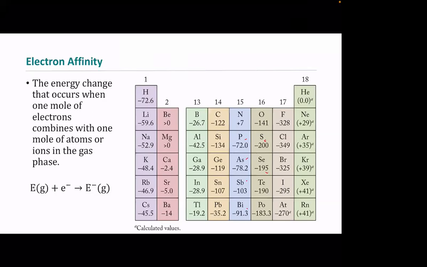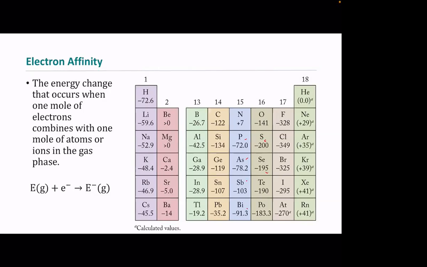Once again, it's for a mole in the gas phase. The larger the number, the more it likes electrons, because it's energy given off, which means it's stabilizing. So fluorine, you would expect to have a large negative number, and it does because it likes electrons. So that makes total sense.